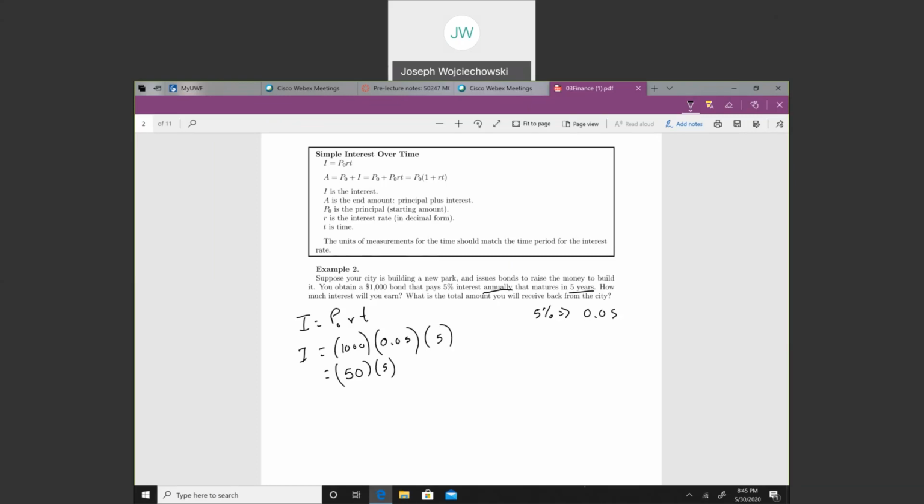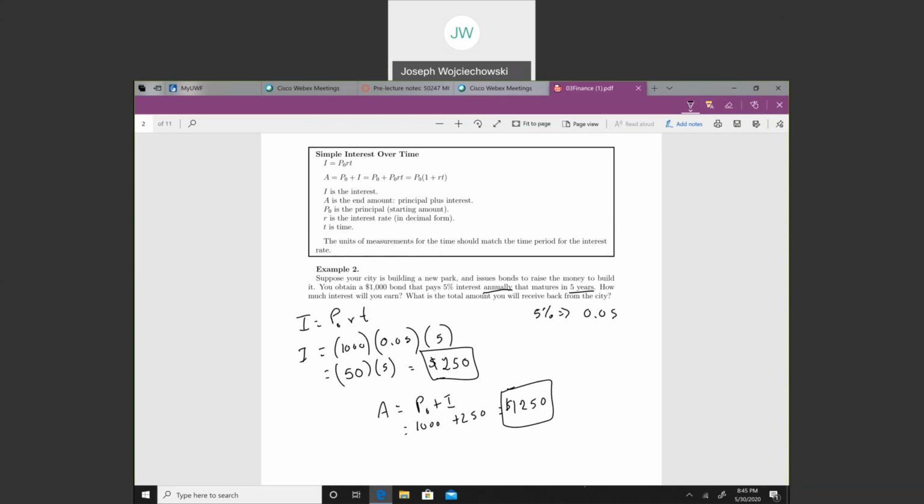Times 5, and we get $250 is the interest. So the final amount, we can start with that first formula. Final amount equals the principal plus the interest, since we have the interest, which is 1,000 plus 250, which is $1,250.